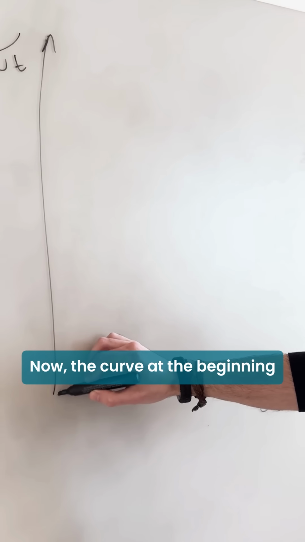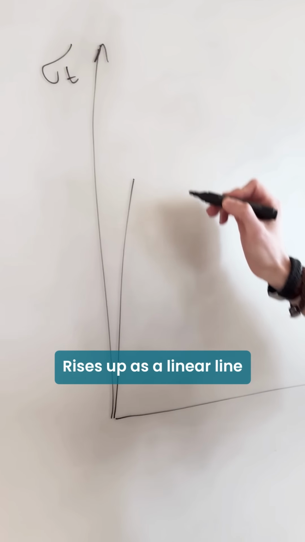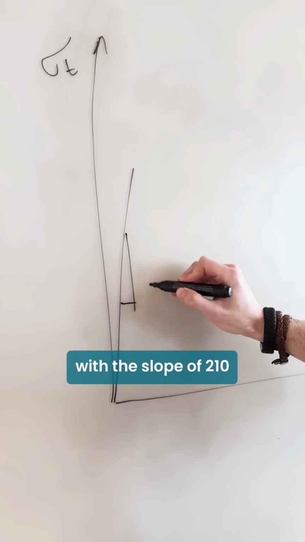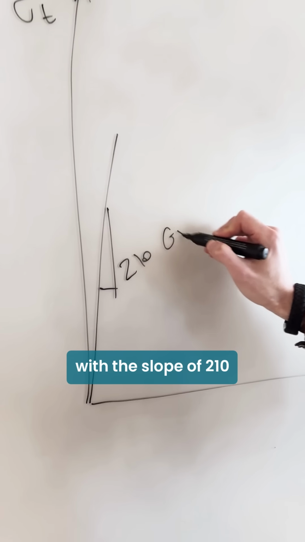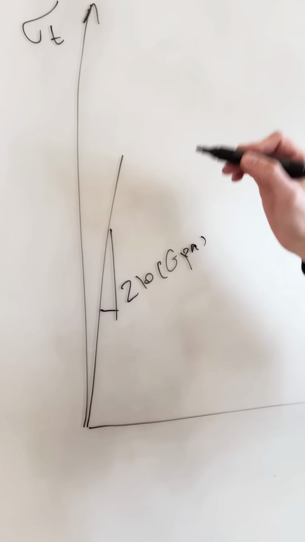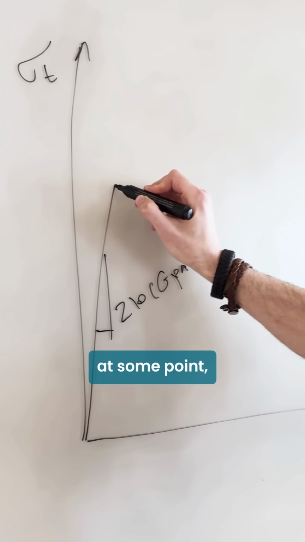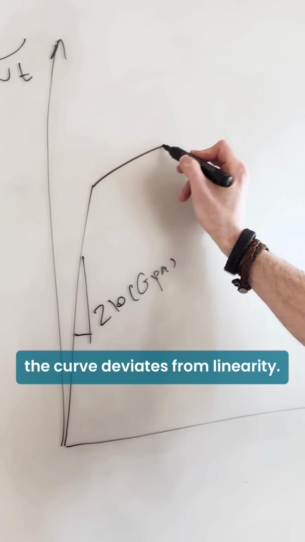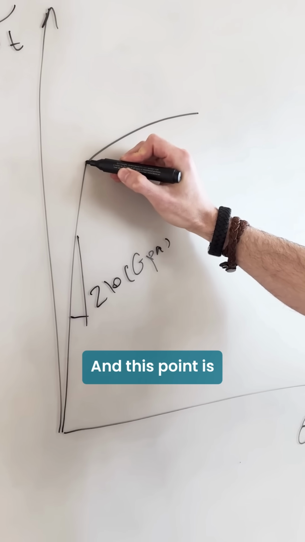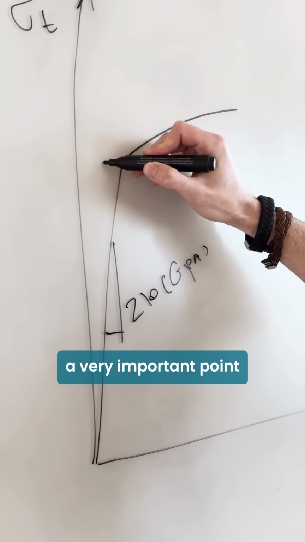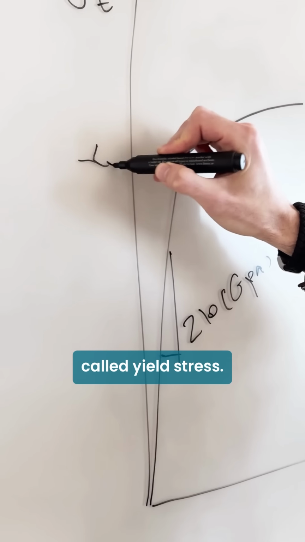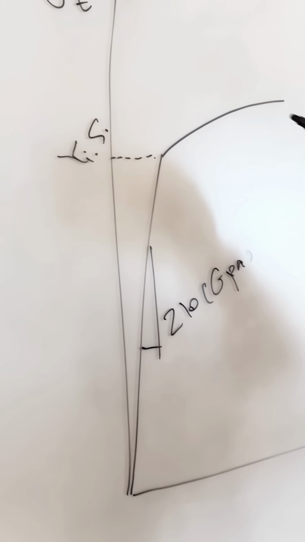Now, the curve at the beginning rises up as a linear line with a slope of 210 gigapascal. If we keep stretching, at some point the curve deviates from linearity, and this is a very important point for all engineers, called yield stress.